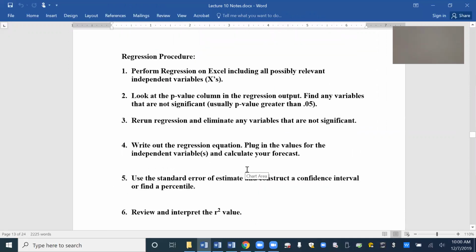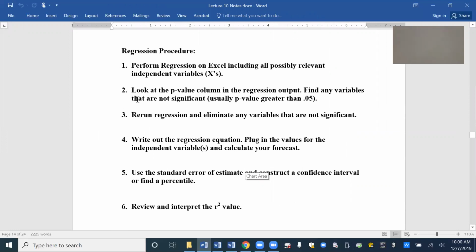What else? Okay, so here's our process. Perform regression in Excel, including all relevant variables. So you throw in everything you could possibly think of that might be related to what you're trying to predict. Then regression churns them all and gives you the output.